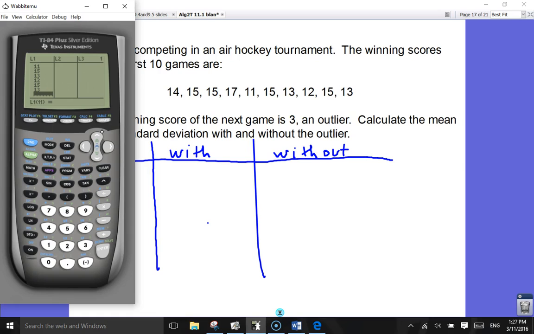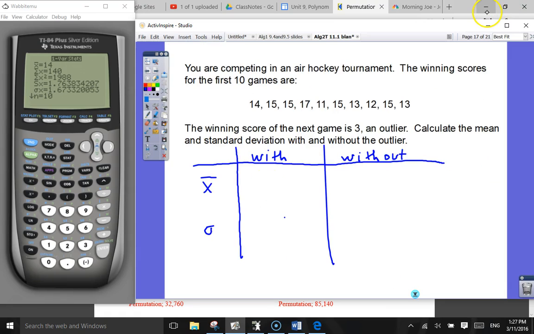So now I need to calculate the statistics. Again, what are the steps? Stat Calc 1. Enter, enter, enter. Right? It looks like the mean. You got an error? Just a second. The mean is 14.